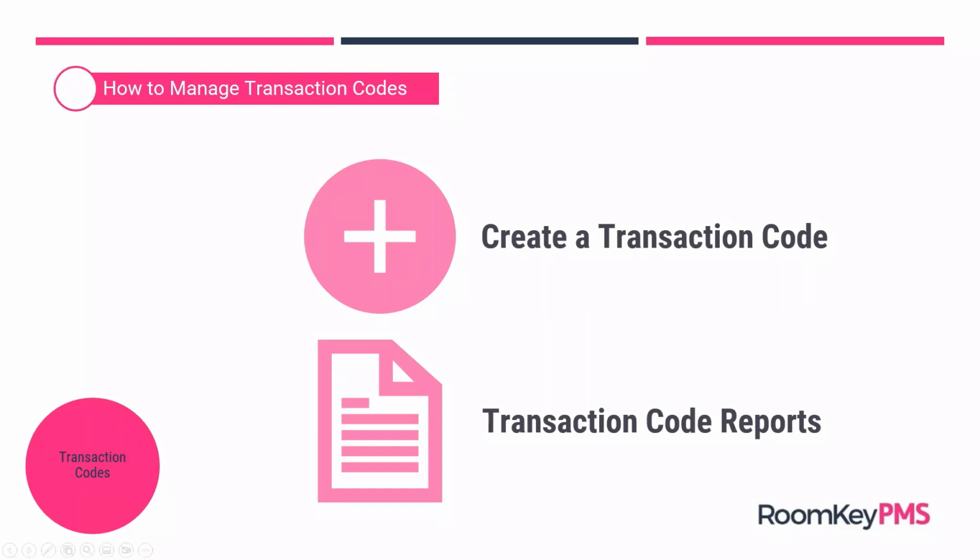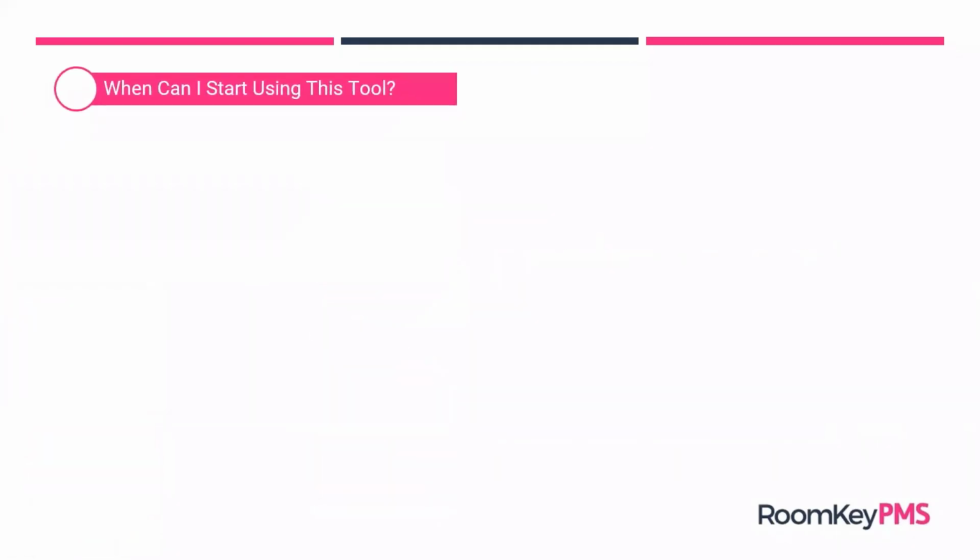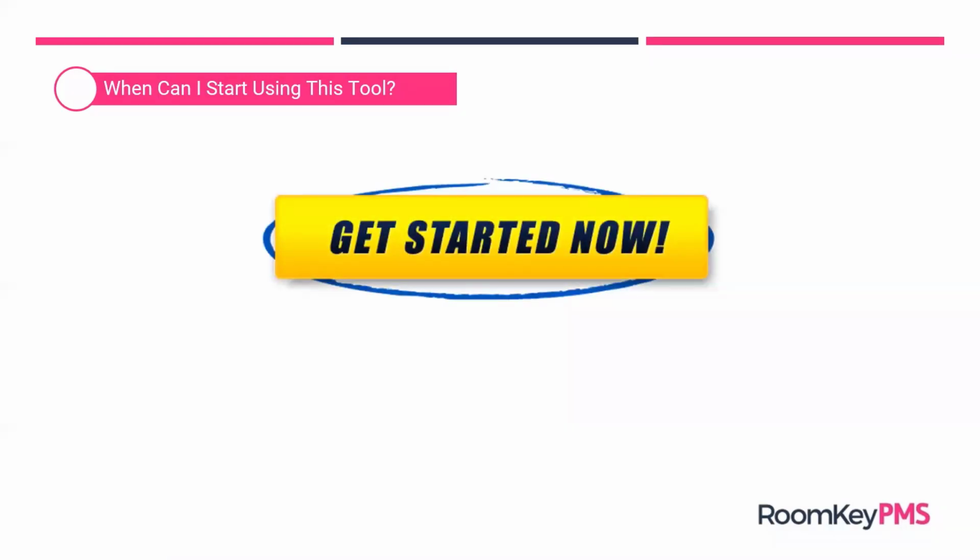Heading back to our presentation here, next thing that we'll look at is when can you start using these tools in RoomKey? Well, they are part of every RoomKeyPMS database, so you can get started using these tools and functions right away. Now, the ability to access the transaction codes module and create or manage taxes and GL accounts, that is somewhat restricted based off of clerk permissions and user roles.